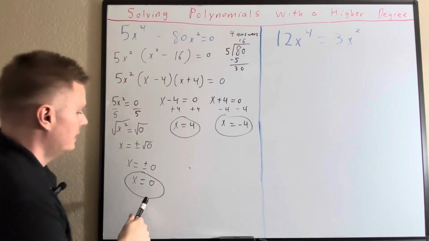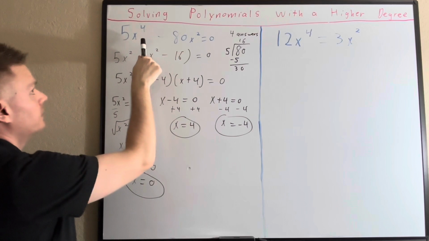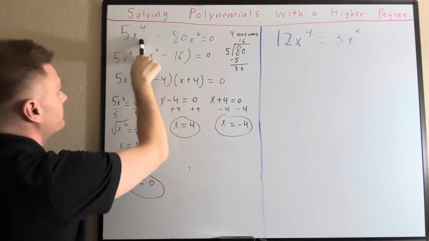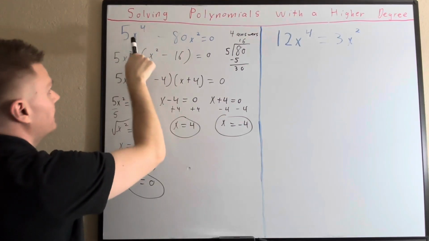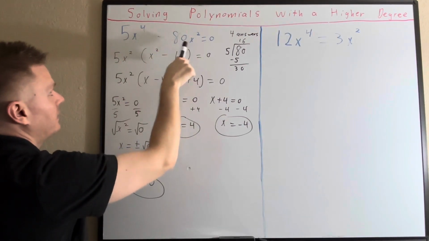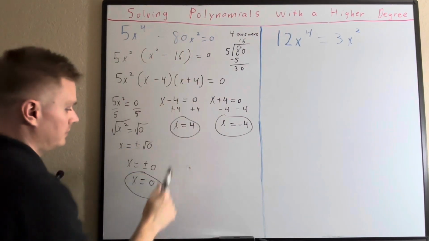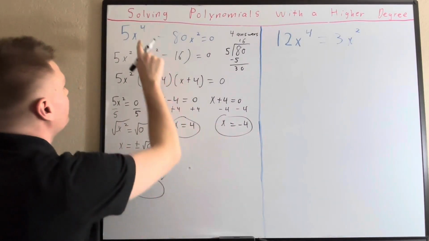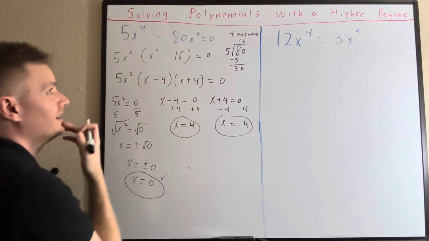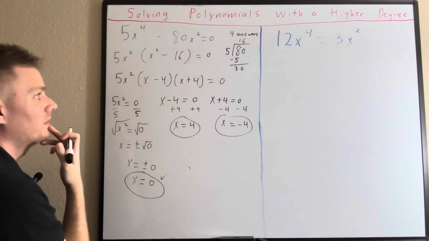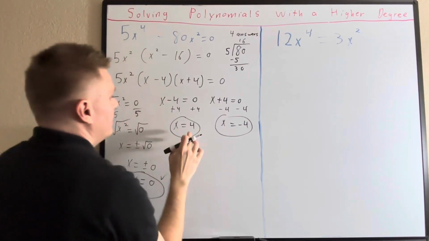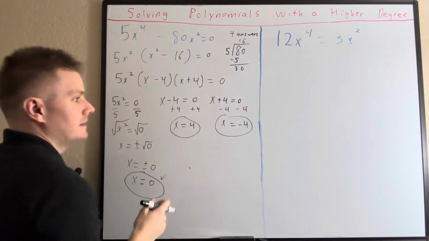And of course, you probably want to go back and plug these in to make sure they work. Plug in 0. Obviously, 0 to the power of anything times anything is going to be 0. Same there. So 0 minus 0 is 0. So that works. 4 and negative 4. Oof, 4 to the fourth power. Well, okay, that's a lot of math. That would be 16 times 16, right?